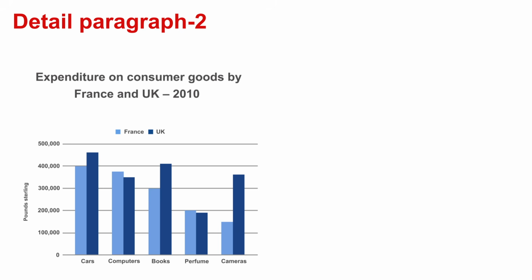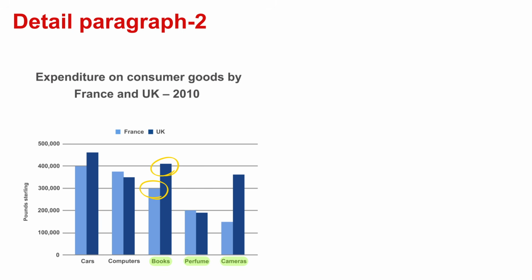Here, we should talk about books, perfume, and cameras. So here I start with books. And as you can see, for France, that was 300,000 pounds. When the data is clear, we don't write around because it's clear, it's 300,000 pounds, right? And at the same time, for the UK, that was a little bit over 400,000 pounds.